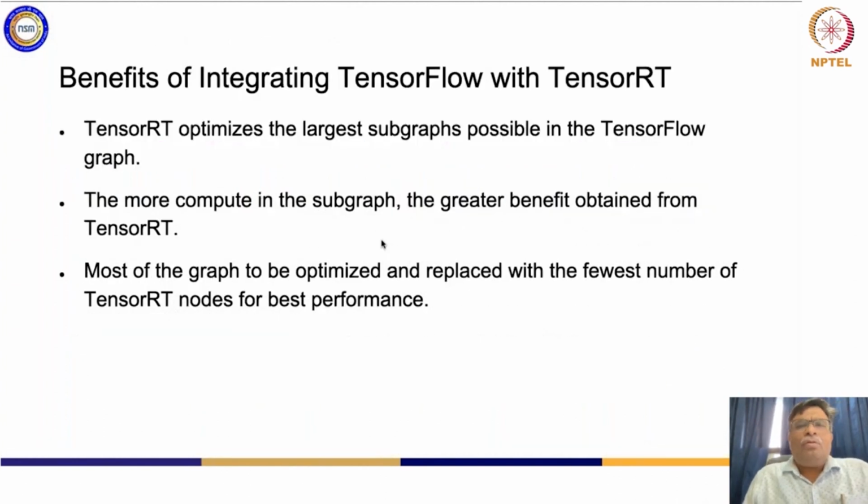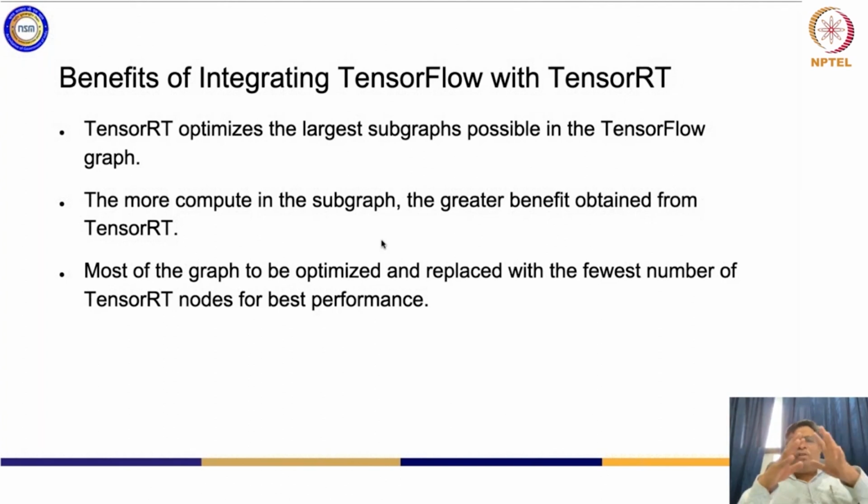Okay, so now when you integrate TensorFlow with TensorRT, TensorRT basically optimizes the largest subgraph possible in the TensorFlow graph, and if there is more compute in the subgraph, obviously TensorRT optimizes it more. Okay, so the more computations there are in your model, right, the more optimization you can expect out of TensorRT.